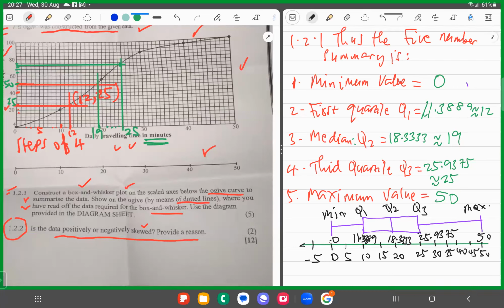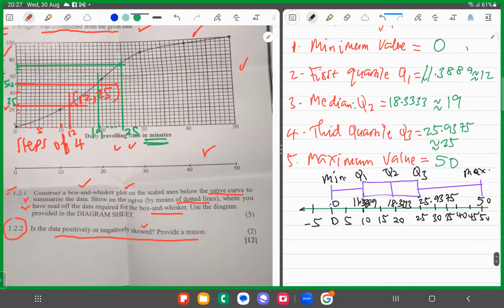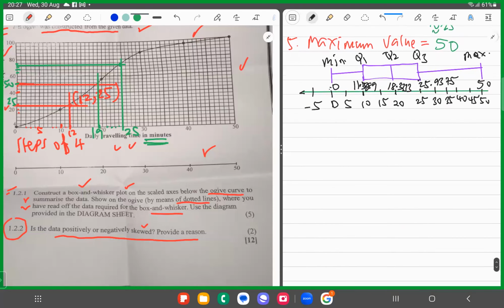In the positive skewness, I want to say something here. You'd have to say Q3 minus Q2, and then compare to Q2 minus Q1.